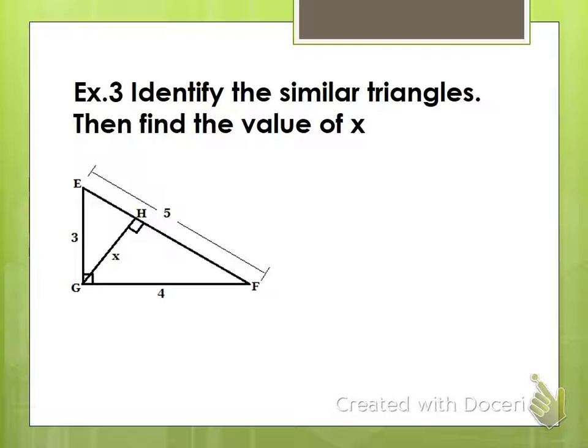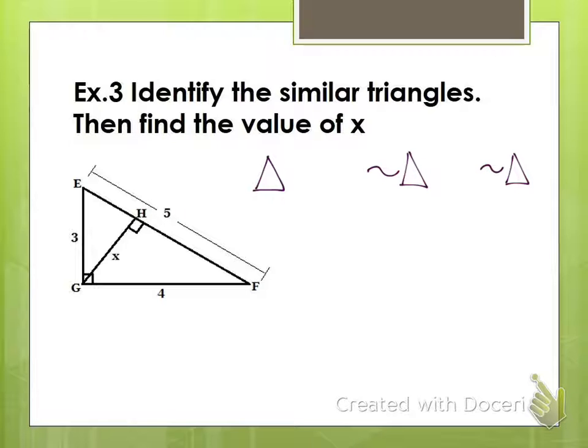Example 3 is really pretty similar to what we just did, just without the context of an application. Identify the similar triangles, find the value of x. Okay, when we do this, we should start off by naming all of our triangles. Strongly recommend starting with your biggest triangle.